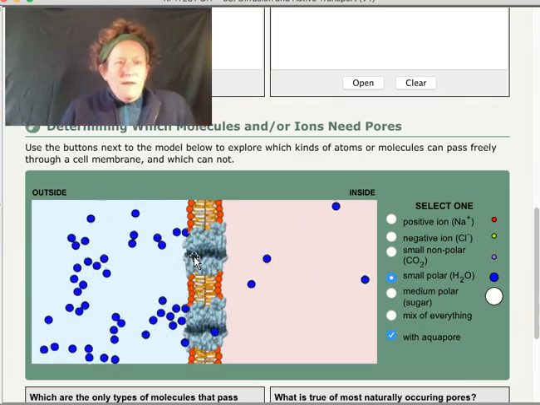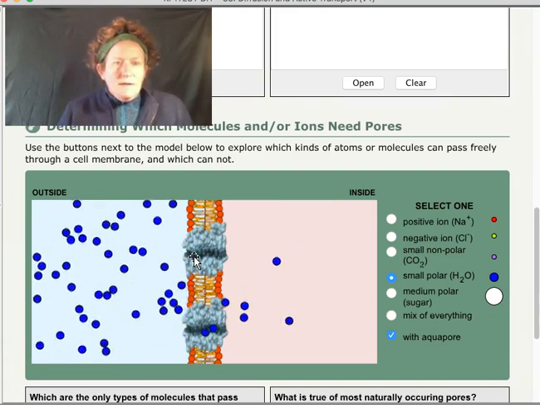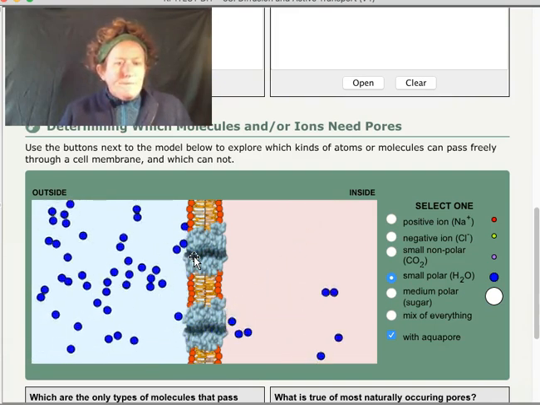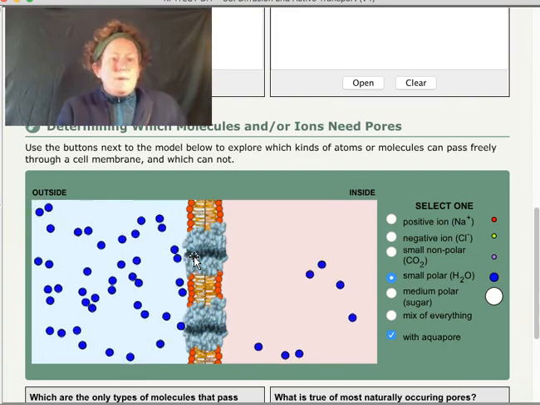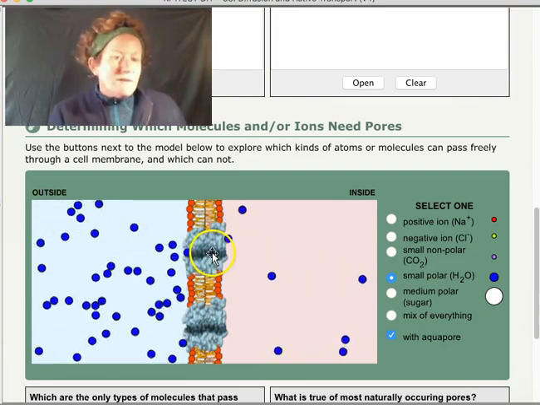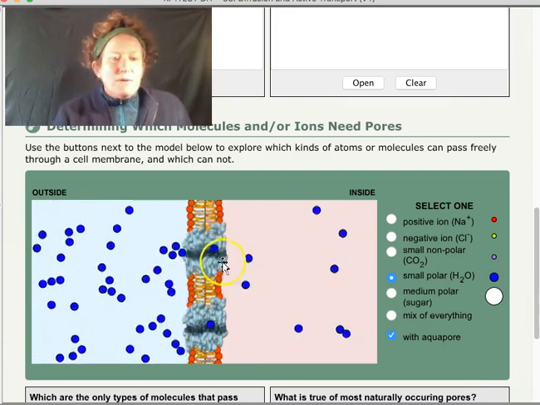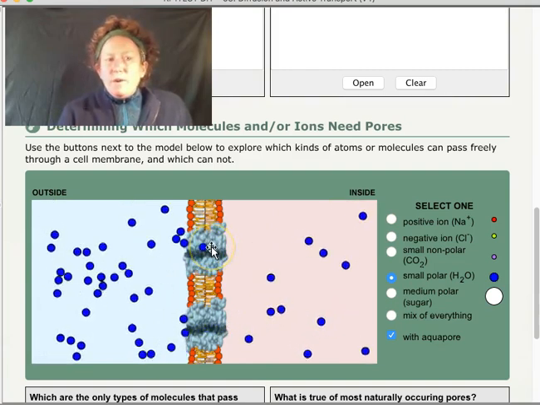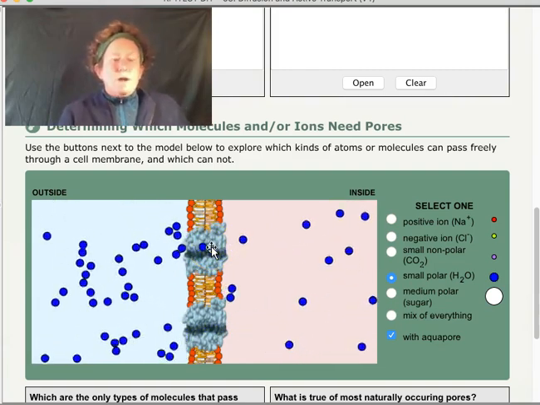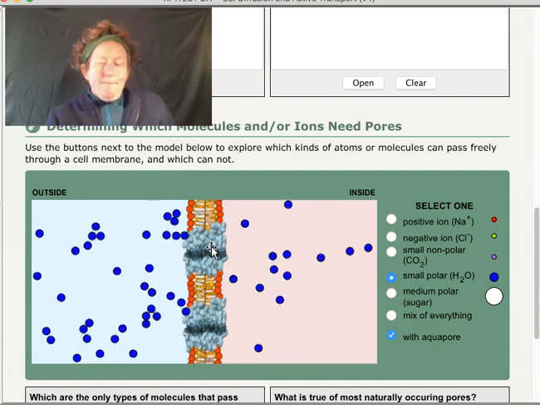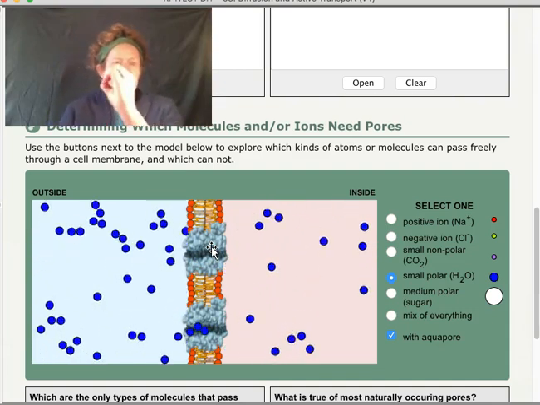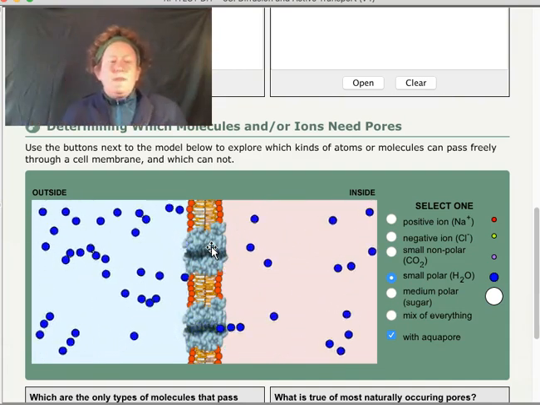And the way that happens is your body purposefully puts in holes in the cell membrane using this protein that makes aquapores, or special holes for water. Aqua means water, and pore means something that you can go through that's porous.